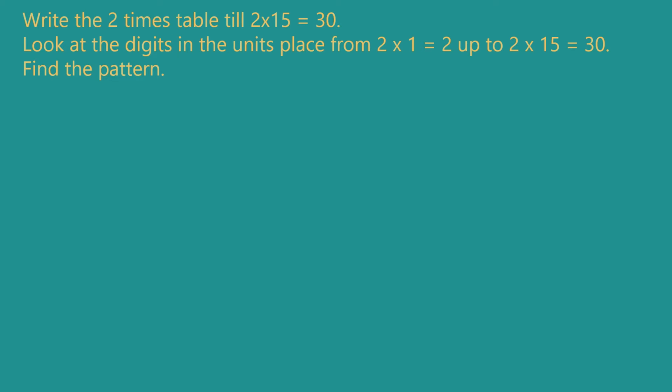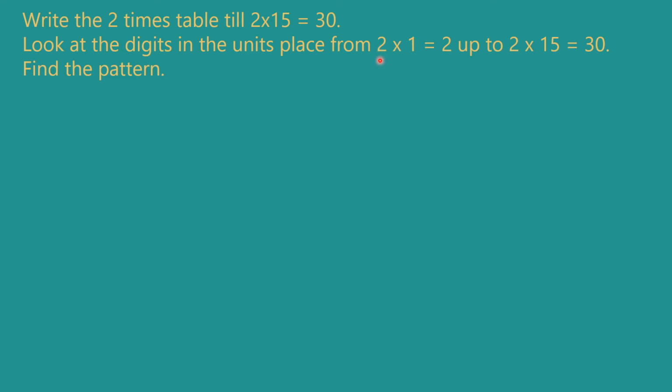Write the 2 times table till 2 15s are 30. Look at the digits in the unit place from 2 ones are 2 up to 2 15s are 30. Find the pattern. So students, here we have to write the 2 times table till 2 15s are 30.